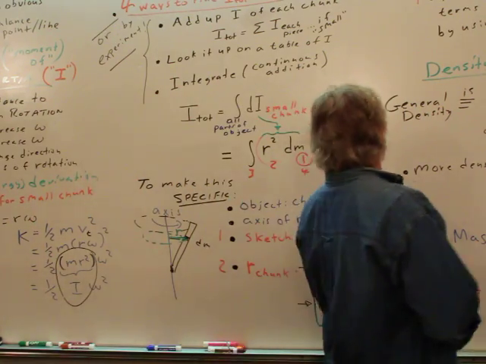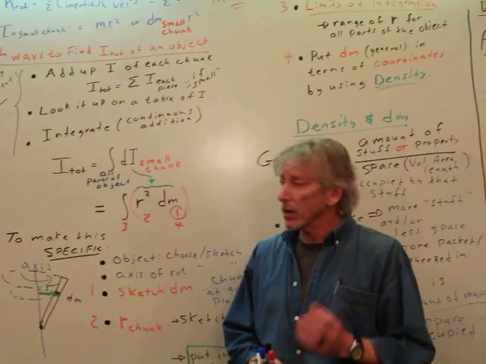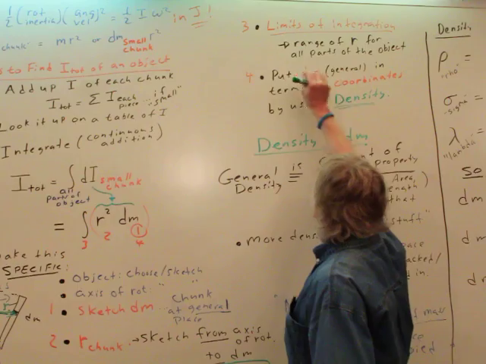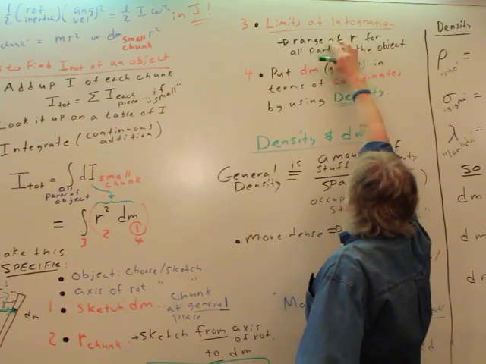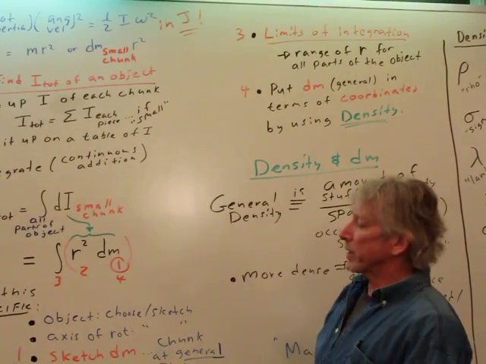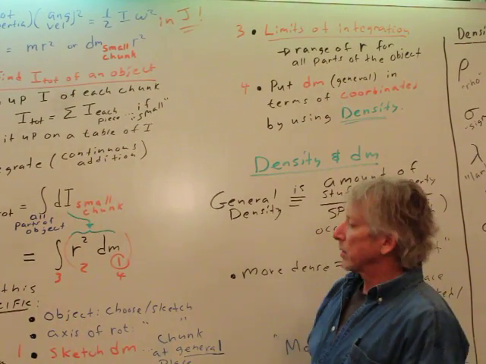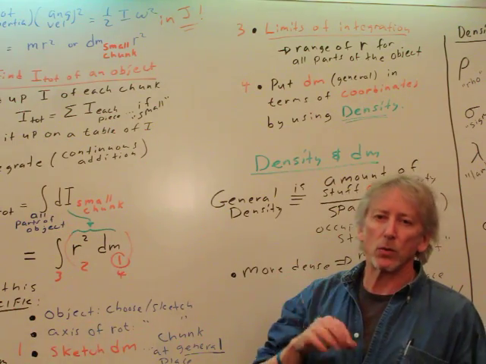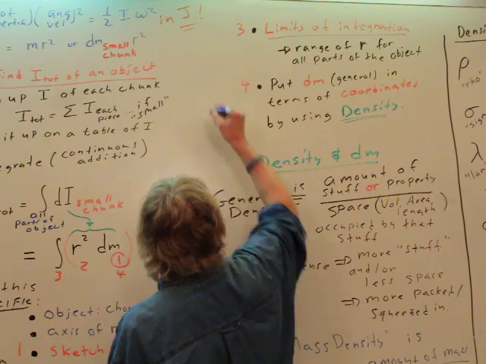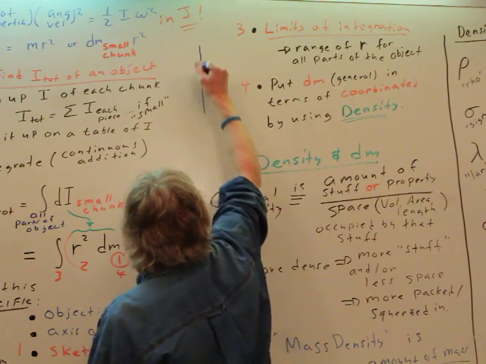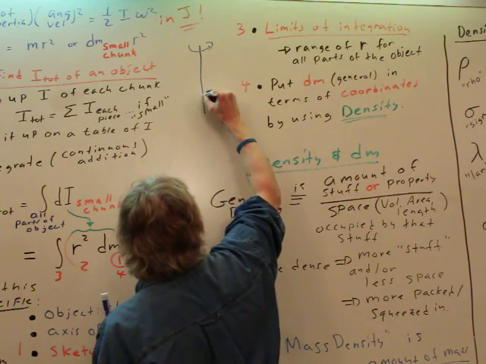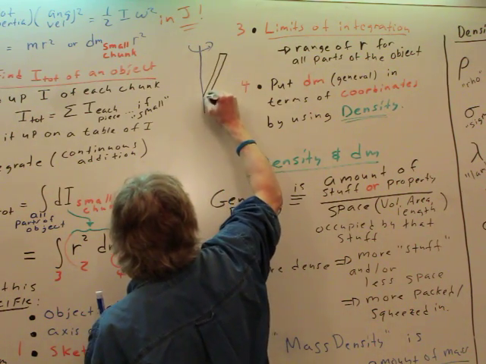Now let's go here. We've got steps 3 and 4 to do. What are the limits of the integration? Well, the limits of the integration would be the range of all R for all parts of the object. In other words, we're going to sum up the dI, the rotational inertia, for every single piece. And in this picture I was working with, we had this axis of rotation, we had some rod here like this at some angle.